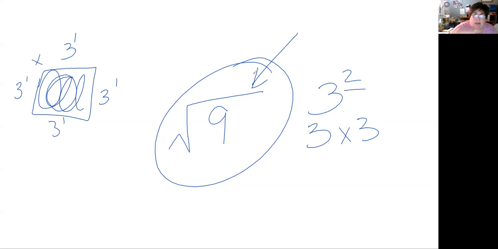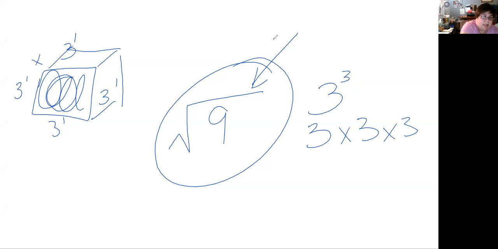If you have a 3 here instead of a 2, that's called cubing it because it's 3 times 3 times 3. The reason we call it cubing is because if this were a cube like this, we would be multiplying the length times the width times the height to find the cubic area, how much space there is inside.